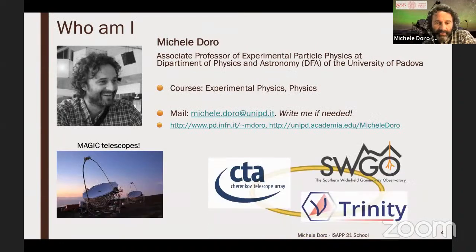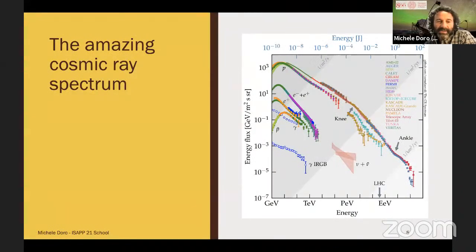Okay, this slide was already shown. So we were discussing last time about the amazing cosmic ray spectrum. We were saying how regular, but at the same time how complex the spectrum is, how many particles are there, from protons, from ions, from features like the knees, double knees, the ankle, the cutoff.